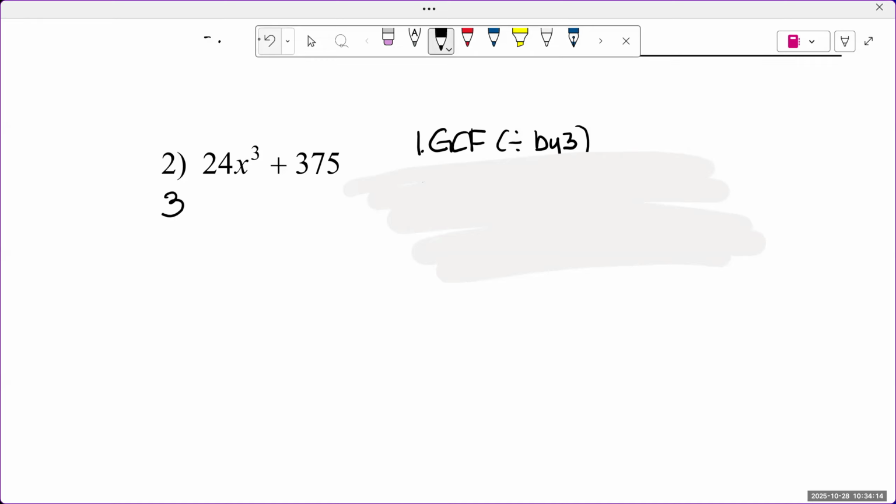So 24 divided by 3 is 8, and 8 is a perfect cube. 375 divided by 3 is 125, which is also a perfect cube. Okay, we could see from the table of cubes that 8 is 2 cubed and 125 is 5 cubed.